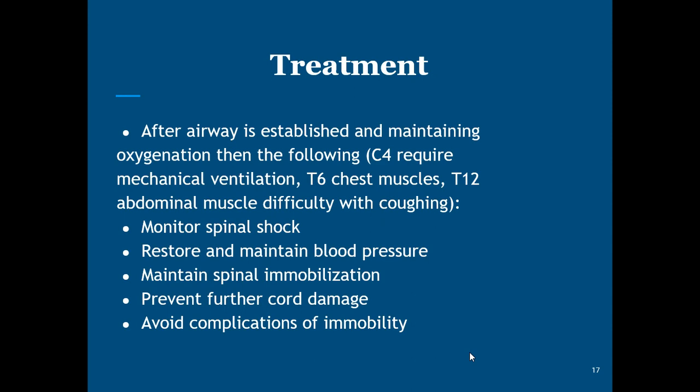So, depending on the level of injury and if they're on mechanical ventilation or not, it's going to vary how much involvement of breathing and chest muscles and diaphragm and even coughing they're able to do. It's something that we have to consider when it comes to treatment.